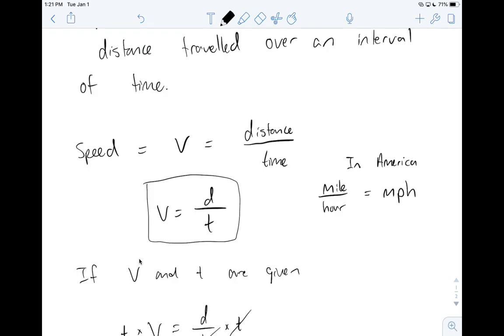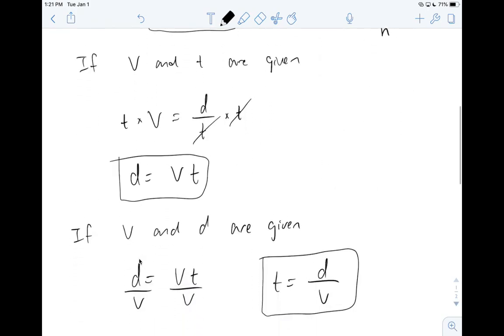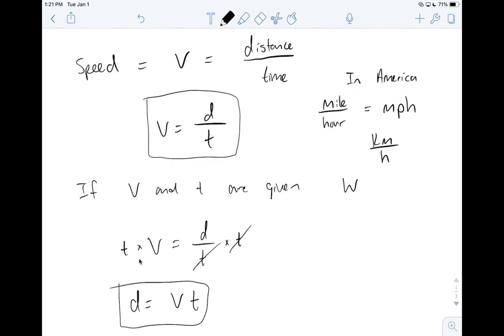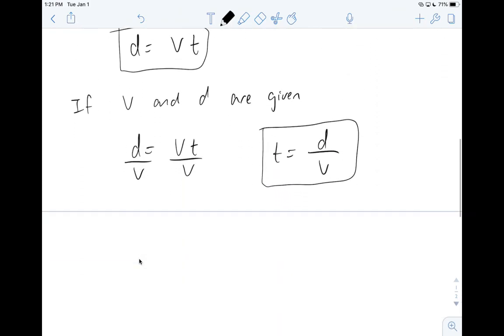Sometimes you might hear or see kilometer per hour. We are typically going to use meter per second. So notice it's a distance divided by a time, so that's what our units need to look like. A meter per second, or just m per s. And that's it for speed.